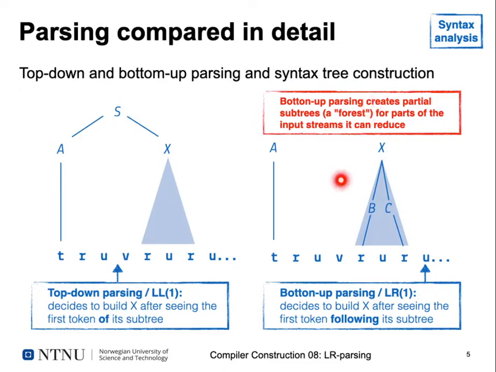And then we build bigger and bigger partial syntax trees, combine them to eventually arrive at the complete syntax tree. So bottom-up parsing creates these partial subtrees, and we also call these partial subtrees for different parts of our input string just a forest.